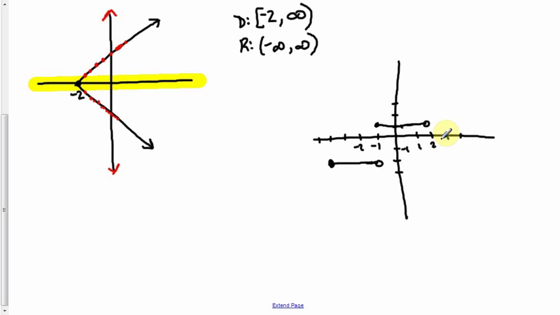And then it starts at (2, 3), and it stretches across to 5. Now, chances are this is the first time you've ever seen a graph that looks like this.